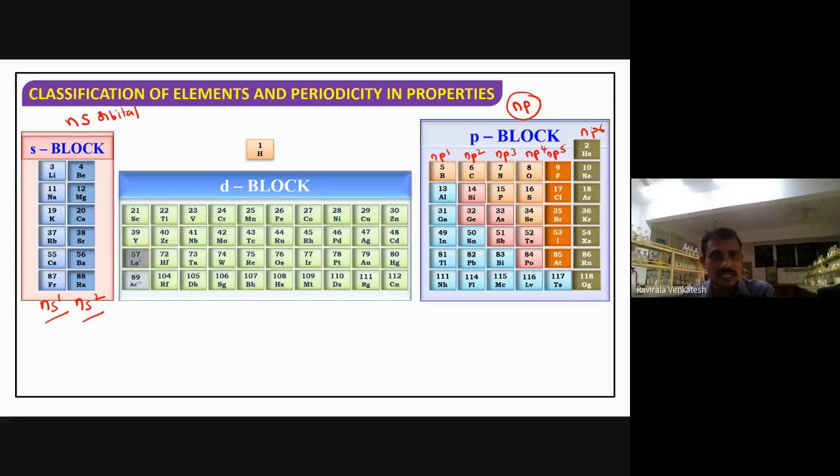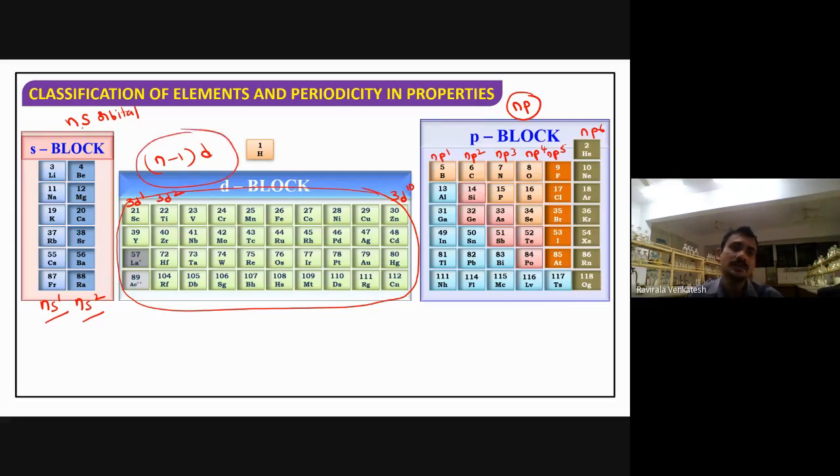Now, if you observe D block elements, in this what happened? The differentiating electron will enter in (n-1)d orbital, they are called D block elements. For example, if you go for scandium, the electrons will enter 3d1, then 3d2. Finally, the electrons will enter in 3d10. That means in all these elements, the last electron will enter in the (n-1)d orbital.